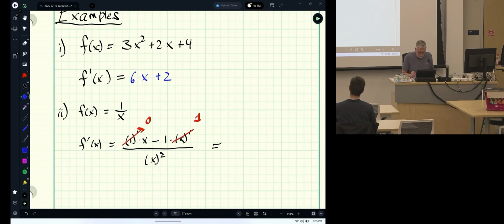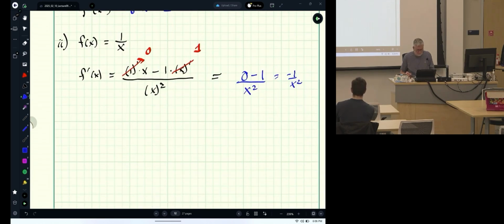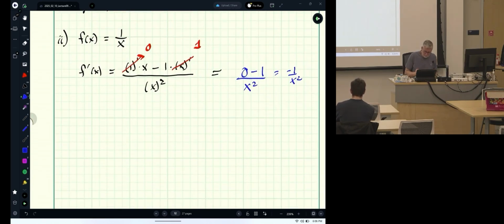And so this equals 0 minus 1 over x squared, and we get minus 1 over x squared. So that's the quotient rule.